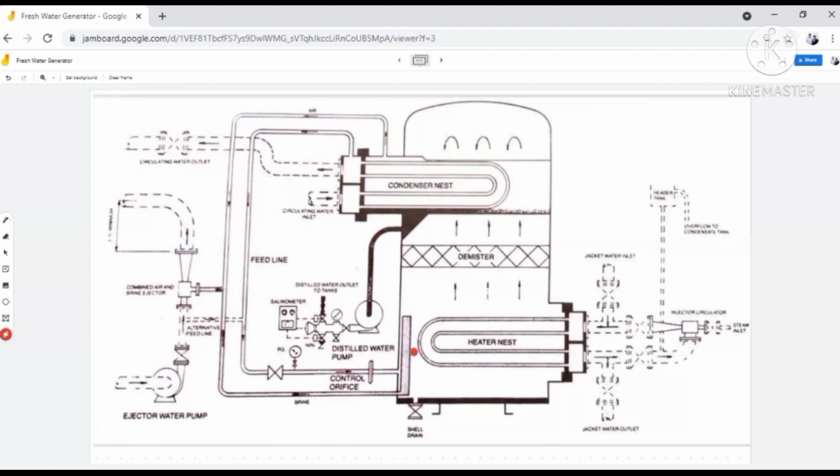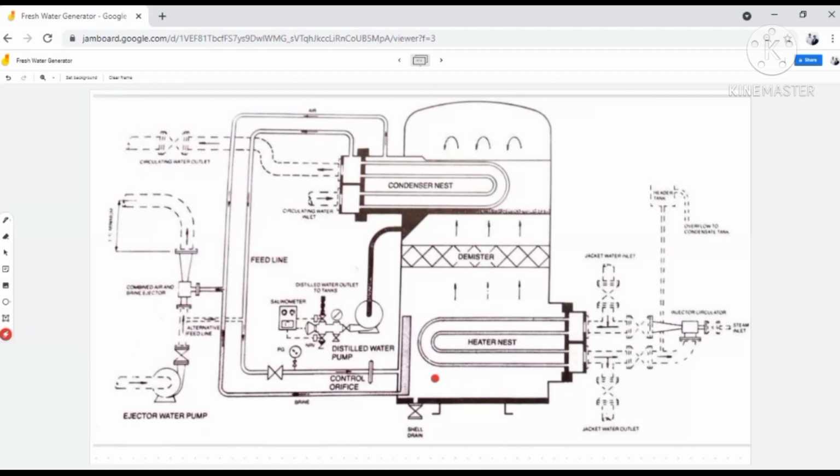Now, as the freshwater generation process continues, in this bottom part more and more salts will deposit, and this water will become very rich in salts. So this water should be replaced by fresh seawater.